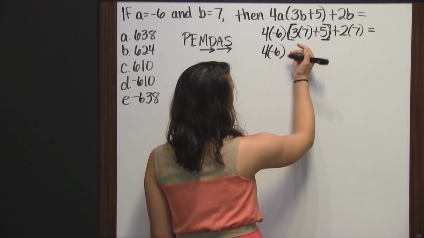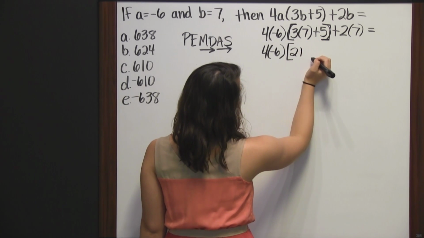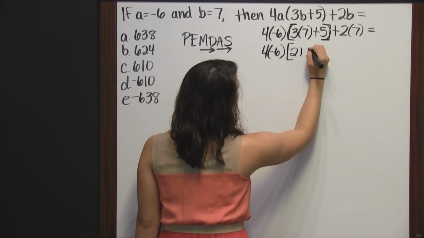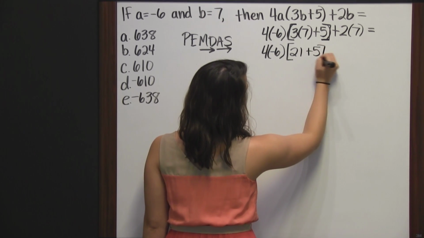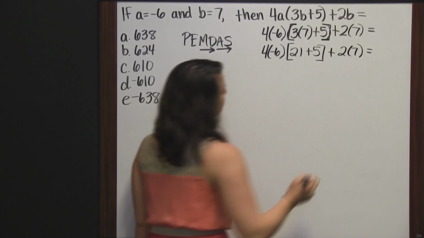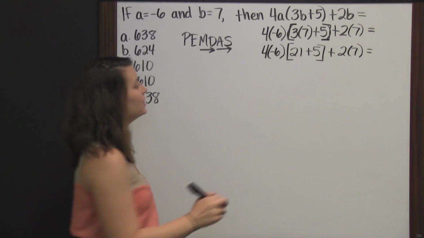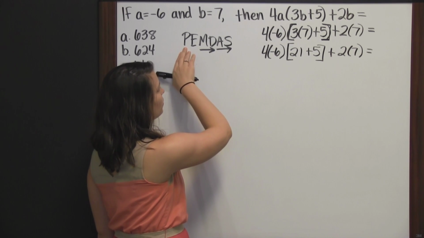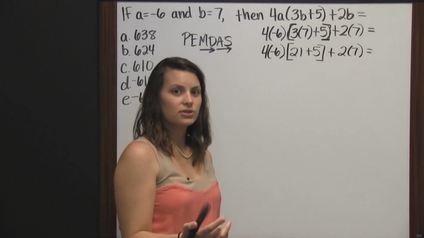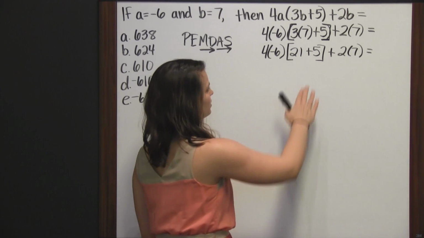So I'm going to start by multiplying 3 times 7, which is 21. And I'll bring down plus 5 plus 2 times 7. We haven't finished simplifying inside our parentheses or grouping symbols. So we must continue simplifying inside our grouping symbols until we're done.